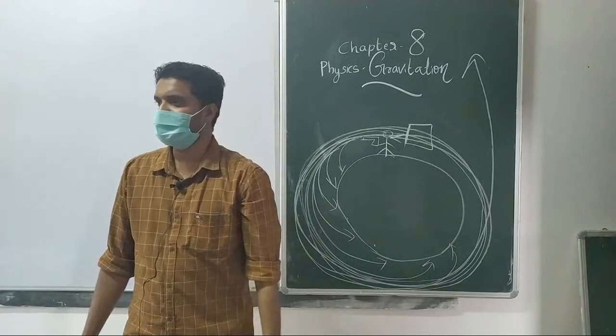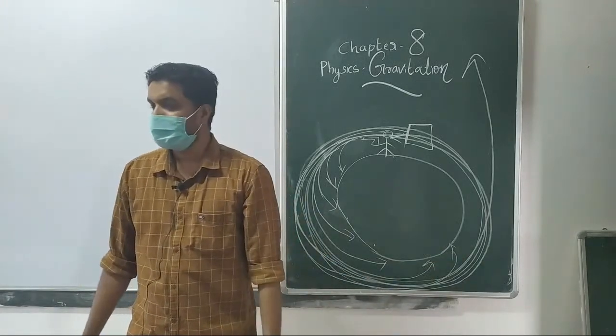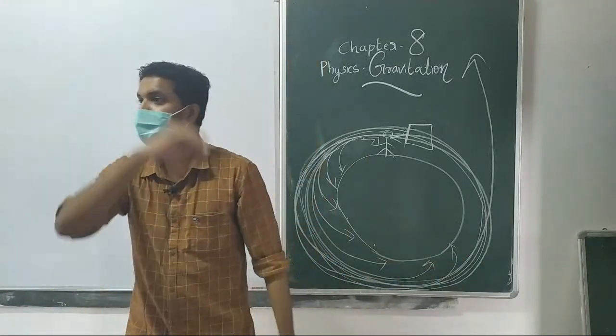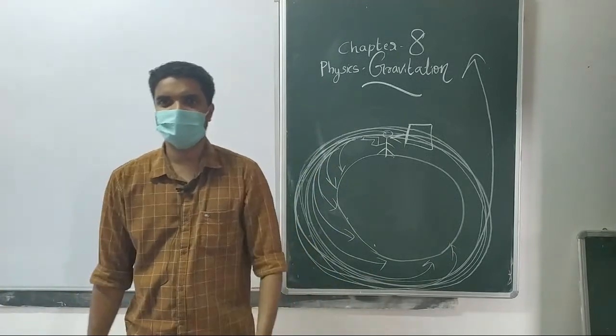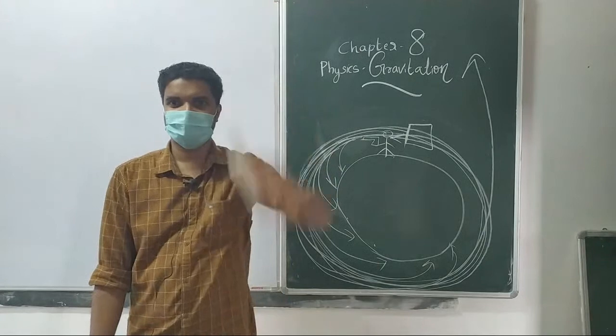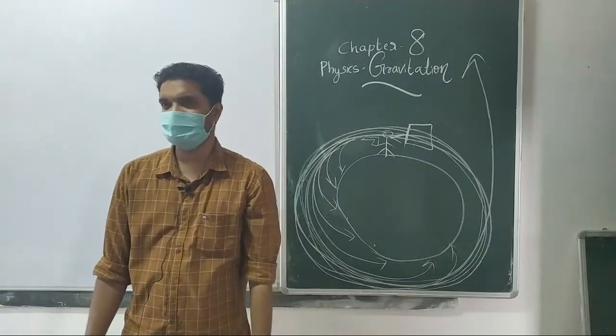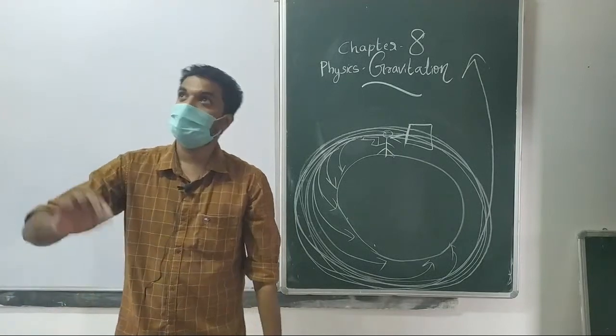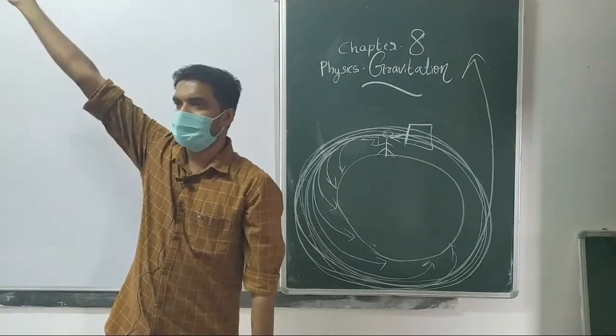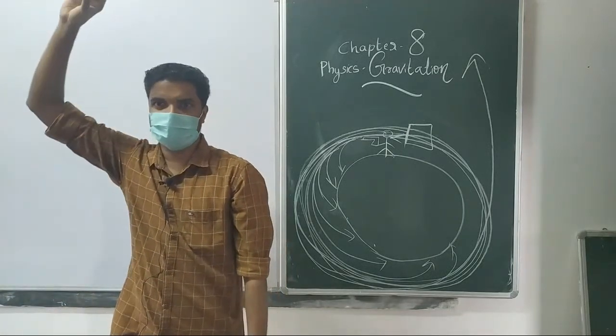What is the problem there? No escape velocity. We were not able to give that velocity. Now India is good. We fire with more fuel and it will go up. You know rocket propulsion, conservation of linear momentum. That's why the rocket is going beyond the Earth's gravitational field.